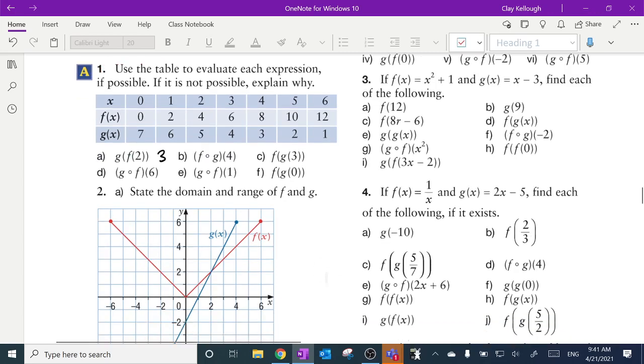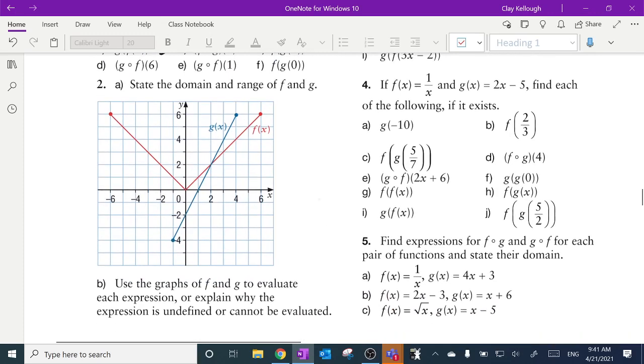Then for a question like number 2, notice that in number 2, f of x and g of x have restrictions on their domain. Like for example, for g of x, there is no value when x is 5. X is 5 just isn't part of the domain for g of x.